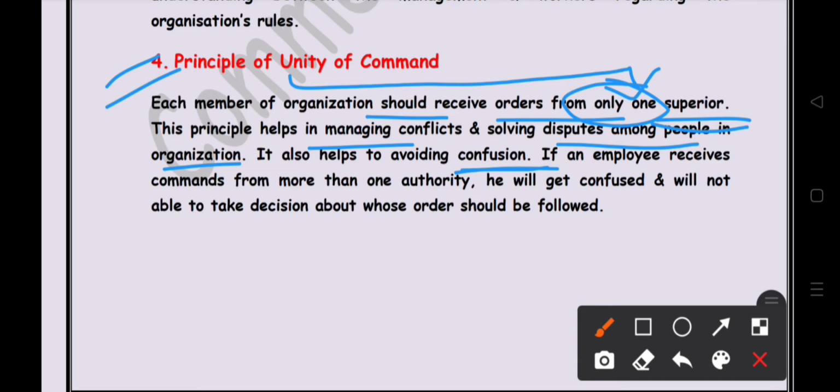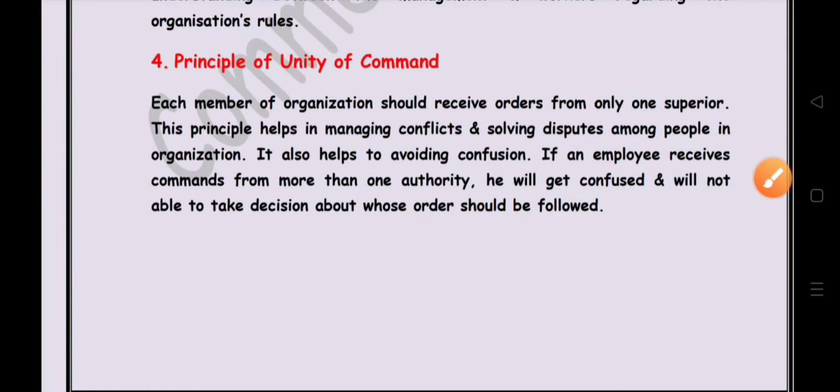So there should be unity of command, only one command from the authority. If any employee receives commands from more than one authority, he will get confused about what he actually needs to do, and will not be able to decide whose order should be followed.